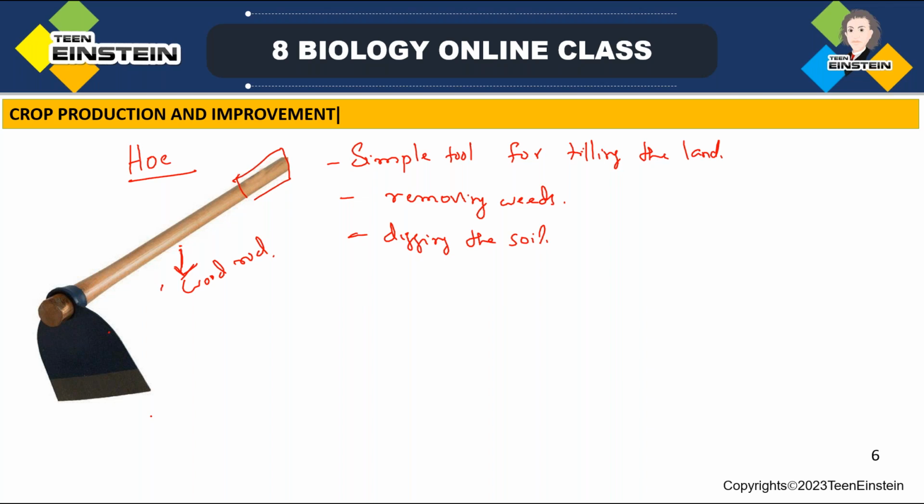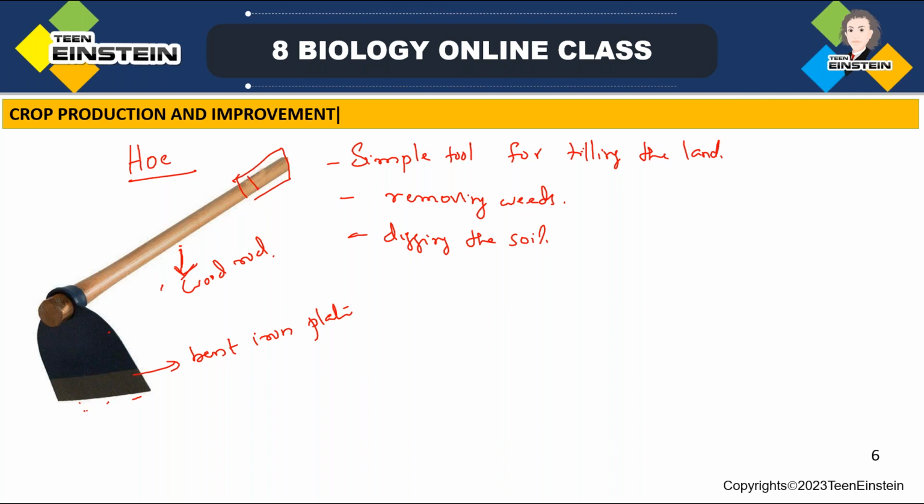The long wooden rod is attached at one end to a bent iron plate, and holding the rod we can remove the weeds using this portion.